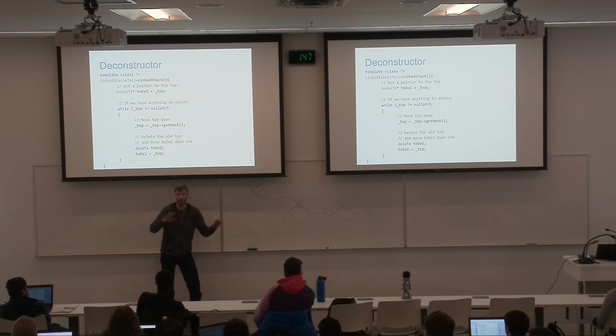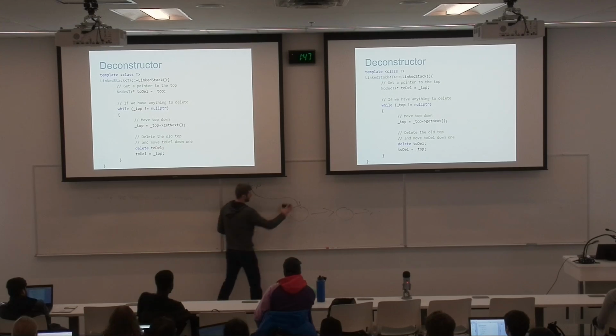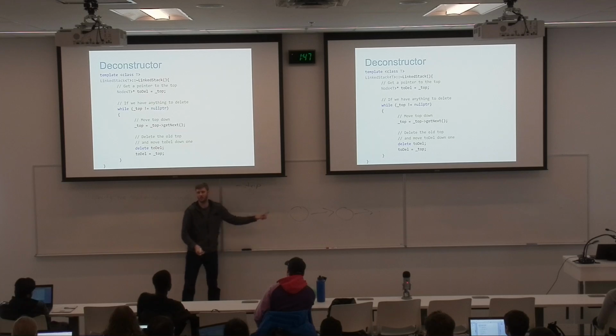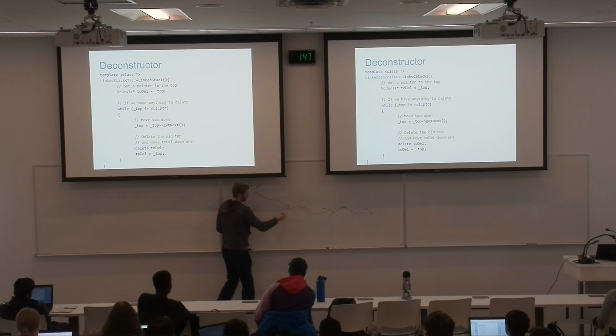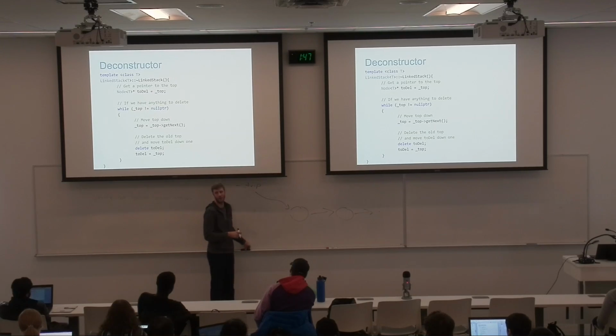If this was Java or Python, if I wanted to delete this whole thing, imagine this link structure is a billion things long. And I've got top pointing, this is the head, whatever. And I wanted to delete this whole thing. And my programming language has a garbage collector. And there's a billion things here. All I have to do is say, oh, top, be equal to null.